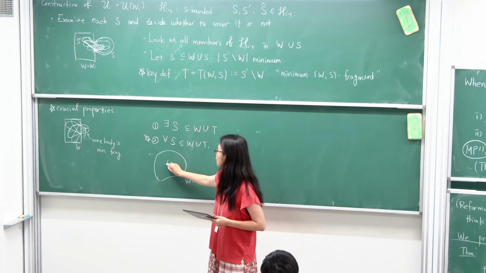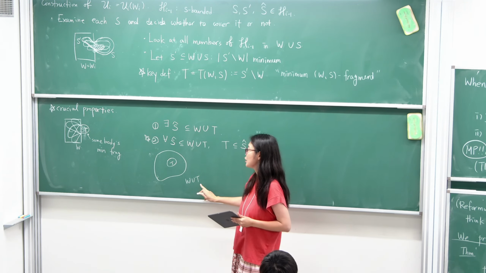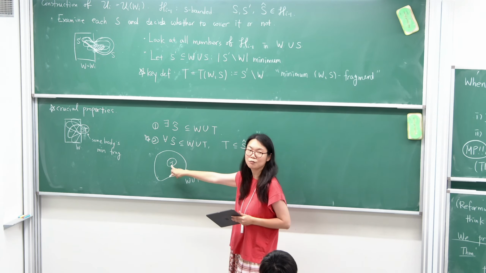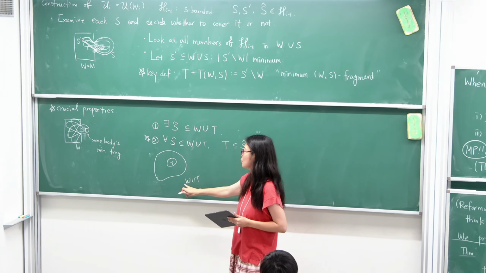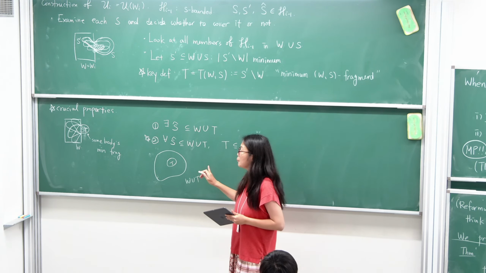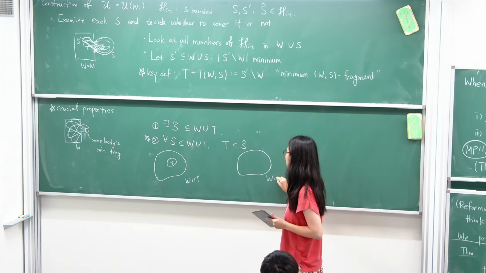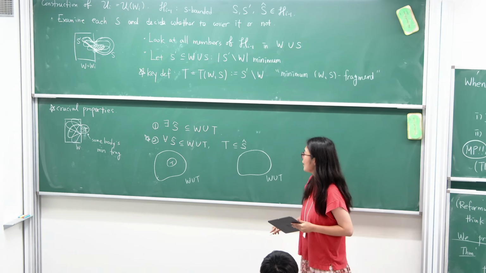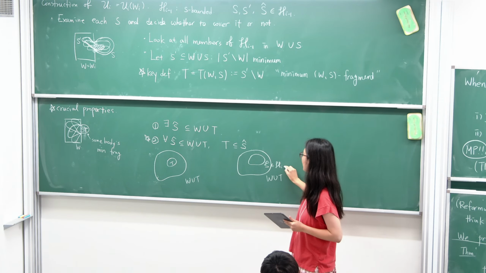But if T is just in any place of W union T, then finding T is too expensive, because we have to search over all of the subsets of W union T. But because T is the minimum fragment, once we have W union T, we just pick any member S hat in our current hypergraph H_{i-1}.